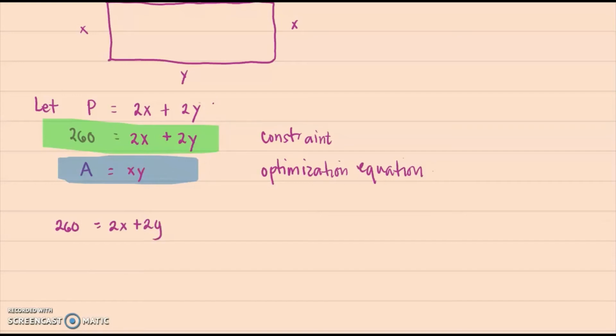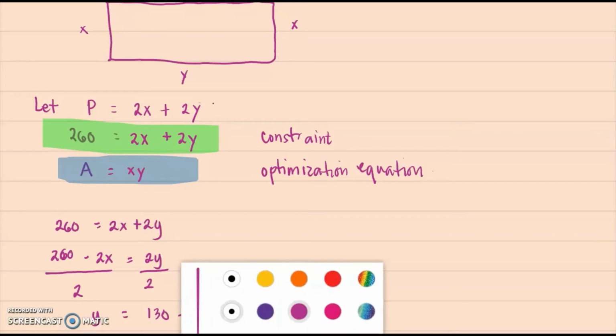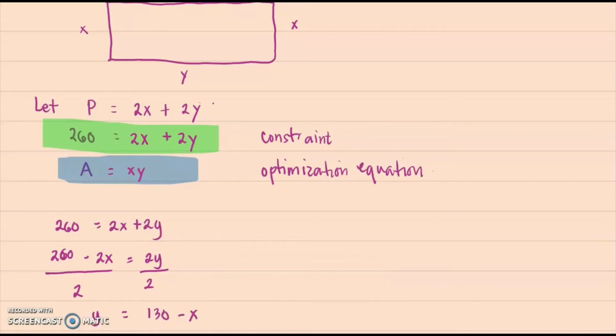Solving for y, we have 260 minus 2x equals 2y. Divide by 2. So y is equal to 130 minus x. Let's highlight that, because we are going to use that later.